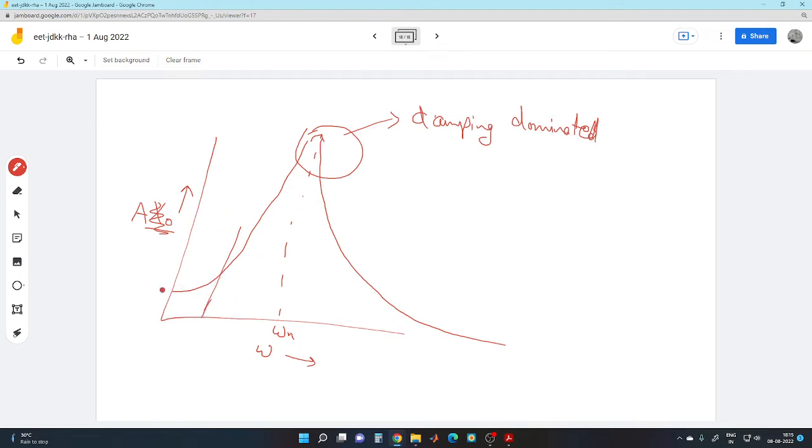In this initial region, omega much less than omega n, it is called stiffness dominated. So it is much easier to control vibration using a change in stiffness. And in the much higher frequency range, we can call it the mass or inertia dominated region.